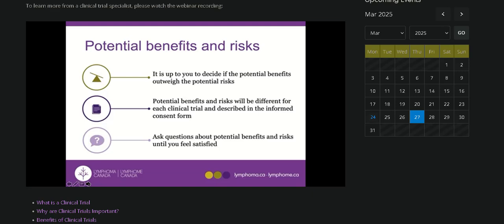And you should really feel confident in asking any and all questions about potential benefits and risks and anything else related to the trial until you feel like you've got those answered in a way that is understandable to you and that makes sense to you.